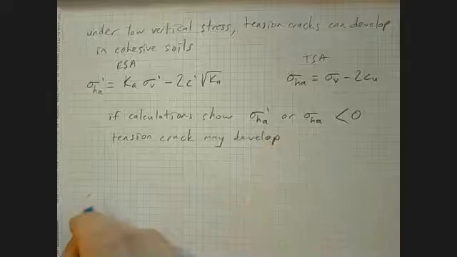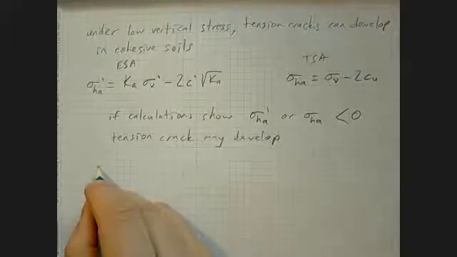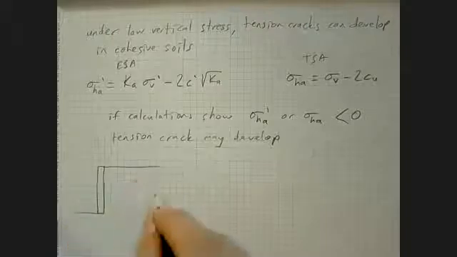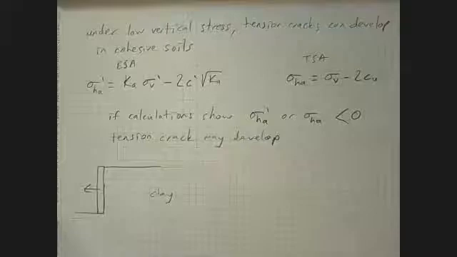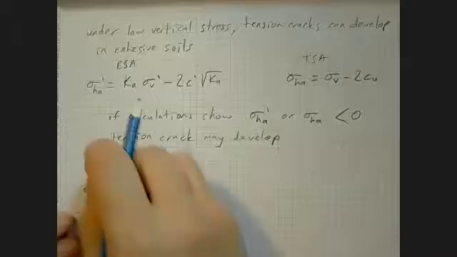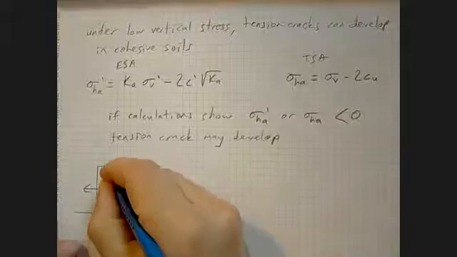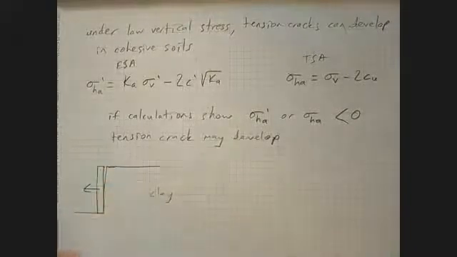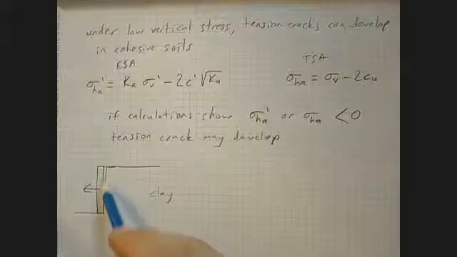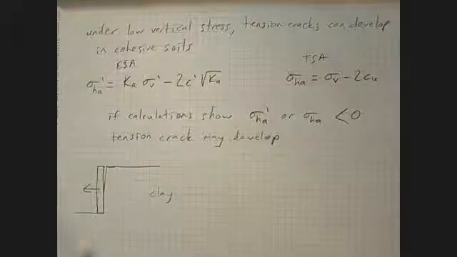So again, if we think of this in terms of what happens if you have a wall, if you have a clay, and the wall is moving away from the clay, what you are going to have then is something like this. Because a certain height of that clay will be stable in itself, it will be able to hold itself vertically.